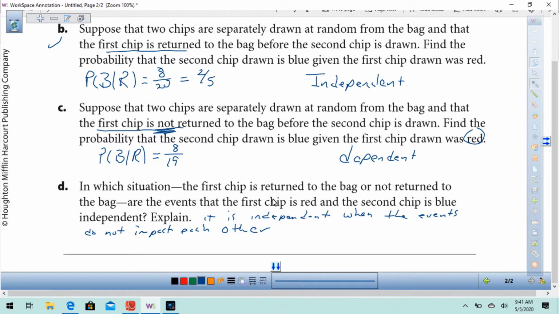So here it was independent because it didn't matter, because you still had the full pot. Here it's dependent because you had now taken one of the chips out of the bag.